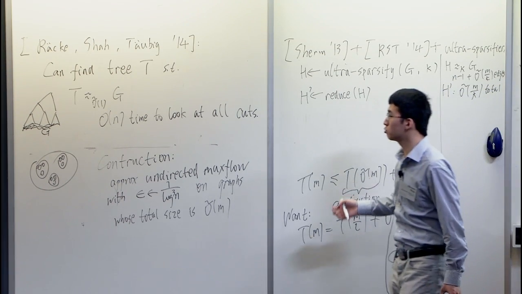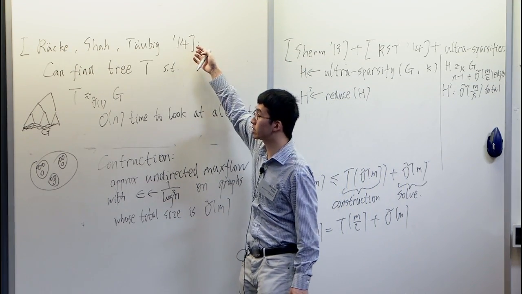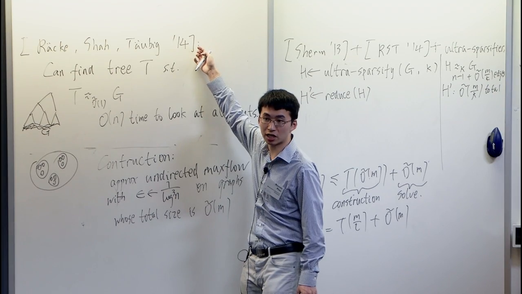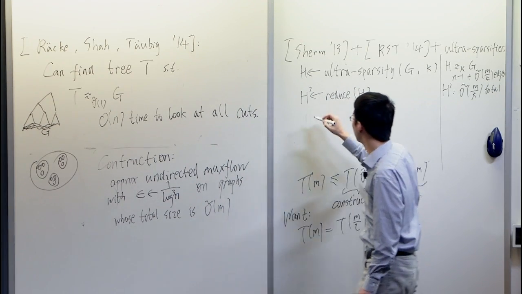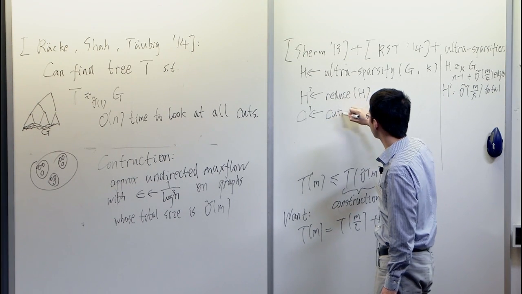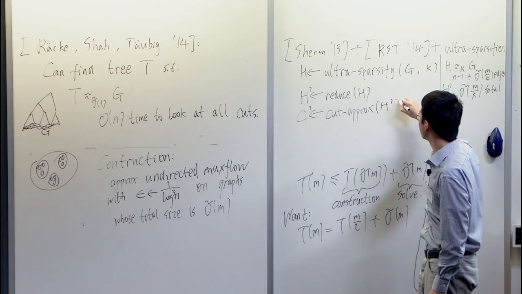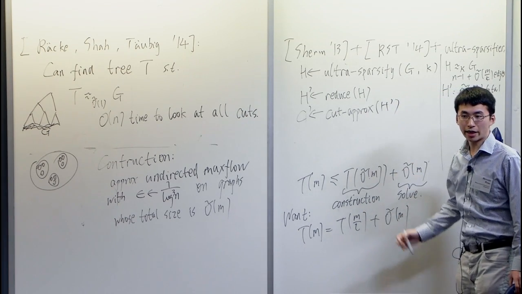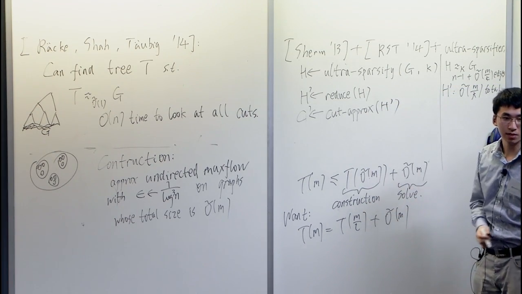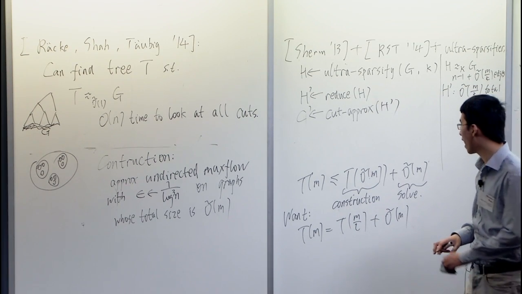And then I'm just going to recursively call this algorithm inside the RST algorithm for constructing cut approximators. So I'm going to get a cut approximator family for H prime. And the total cost of this is the total number of edges in H prime times a polylog factor.